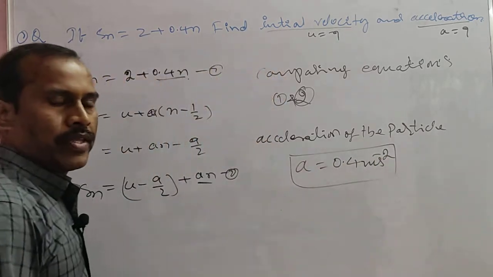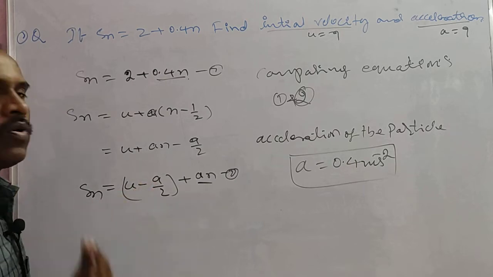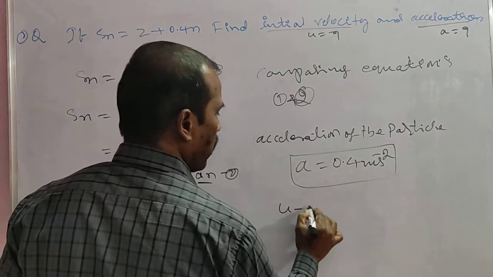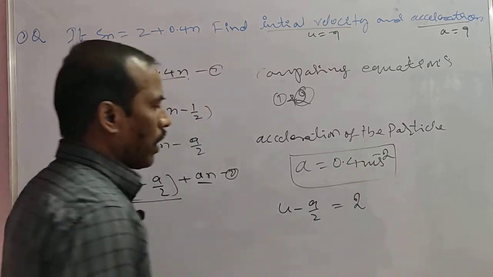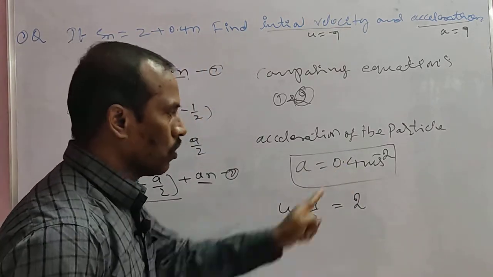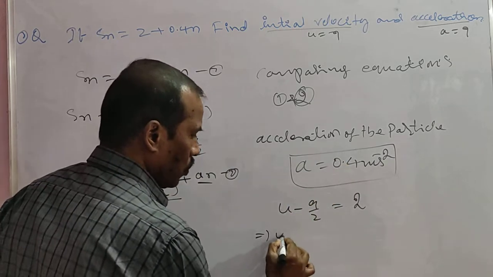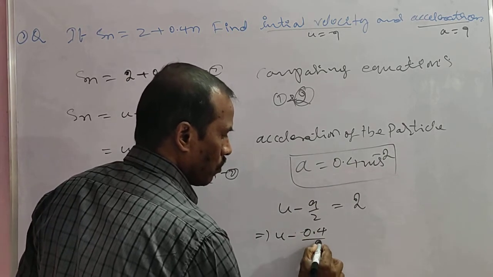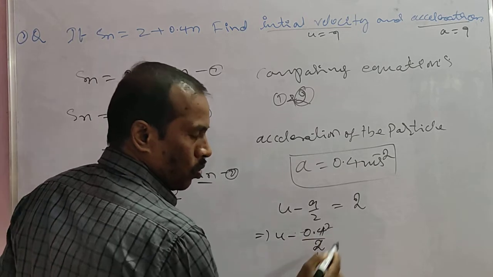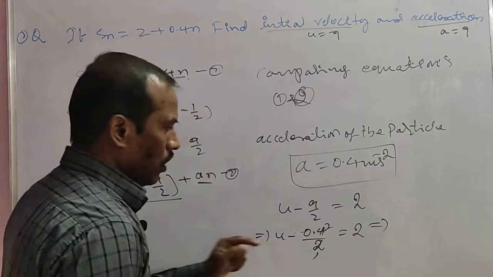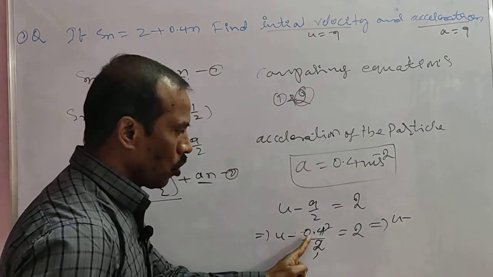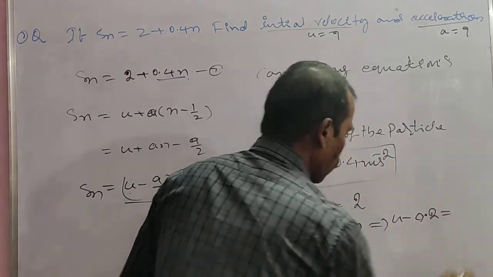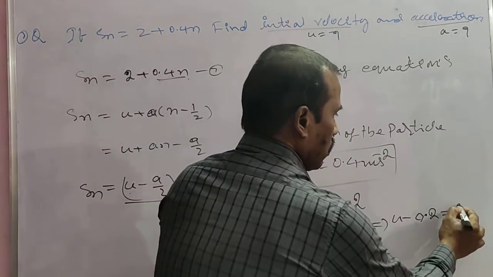Next, comparing u minus a by 2 is equal to 2. The a value is 0.4, so substituting, u minus 0.4 by 2 is equal to 2, so u minus 0.2 is equal to 2.